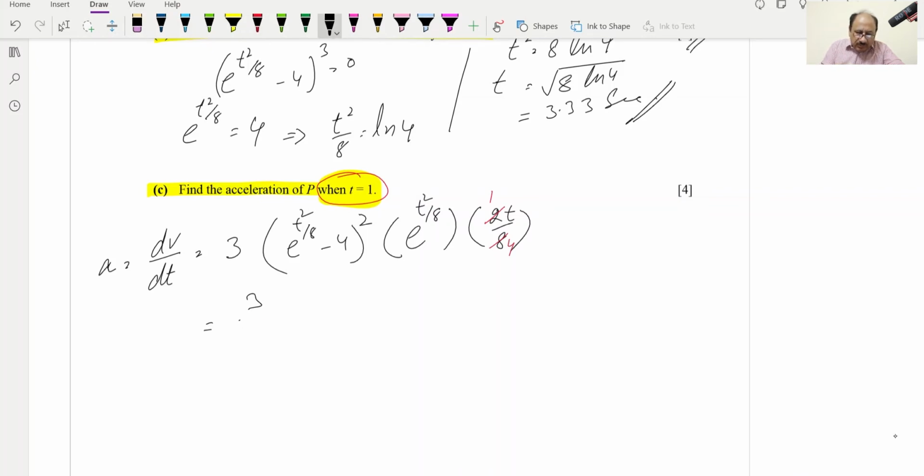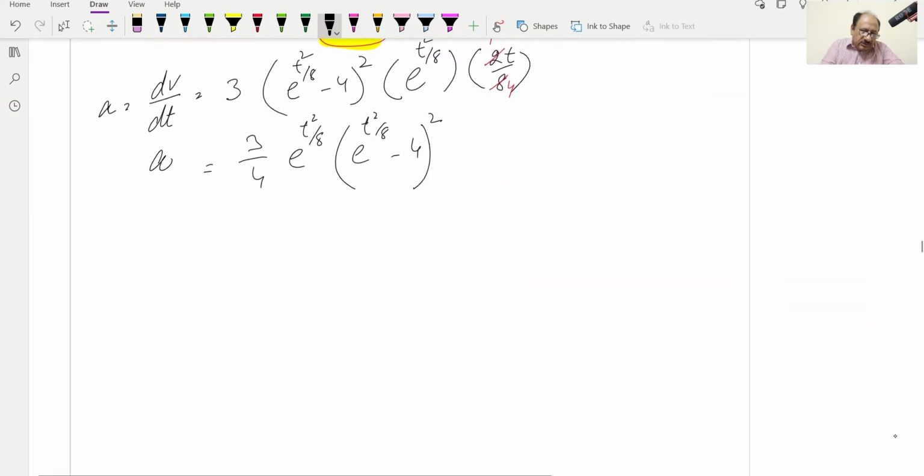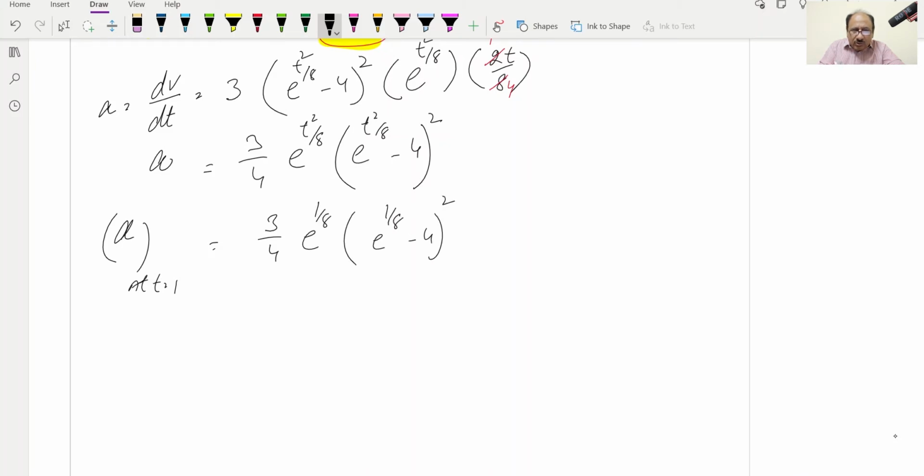So it will be 3 over 4 t e raised to the power t squared over 8 into (e raised to the power t squared over 8 minus 4) whole squared. This is basically the acceleration value. So now we can find acceleration at t is equal to 1, and if we replace t is equal to 1, this will be 3 by 4 e raised to 1 by 8 into (e raised to 1 by 8 minus 4) whole squared.